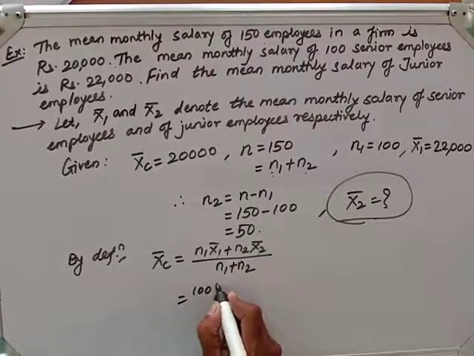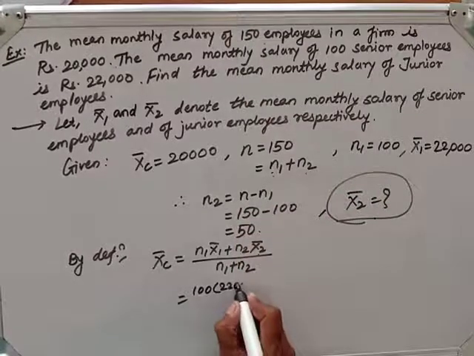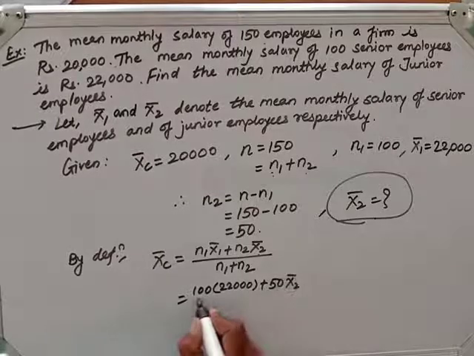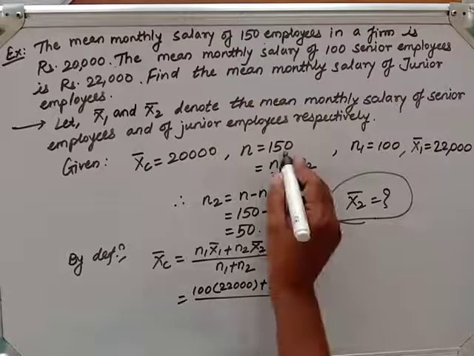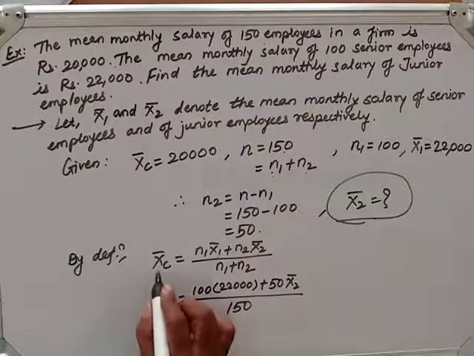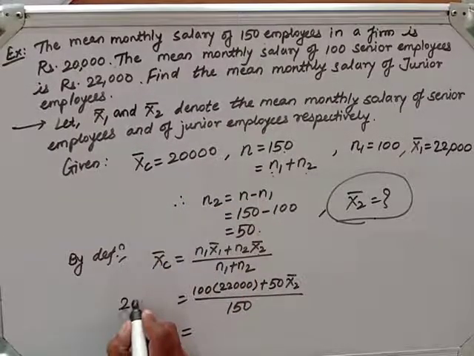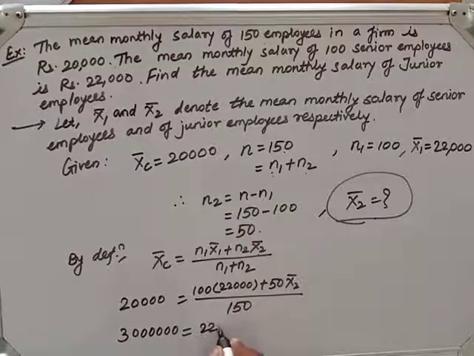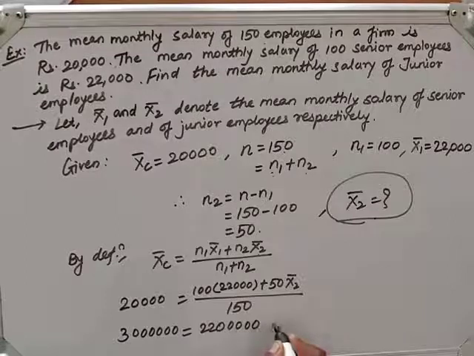So n1 is 100 into x1 bar 22,000, plus n2 is 50 into x2 bar, upon n1 plus n2, which is 150. And xc bar is also given, 20,000. So take the 150 to this side: this is 30 lakh. This is 22 lakh plus 50 x2 bar.